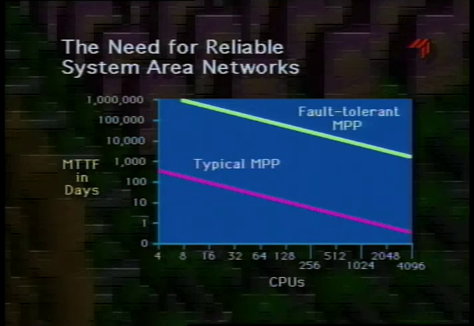And as we can see, as we get into hundreds or perhaps thousands of CPUs in a system, the mean time to failure, just of the hardware itself, drops to only a couple of days, where if we design the system with no single point of failure, we increase the mean time to failure of the system by about 3 orders of magnitude, a factor of about 1,000. So designing the system with redundant connections in a way that we can tolerate single faults is very important if we plan to scale these systems to a large number of processors.